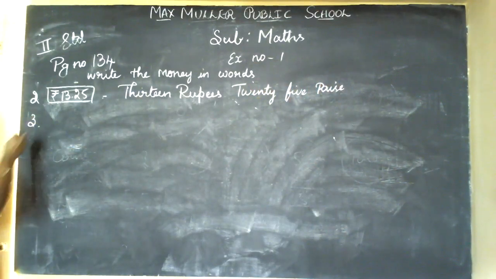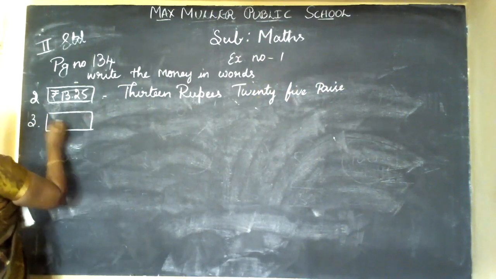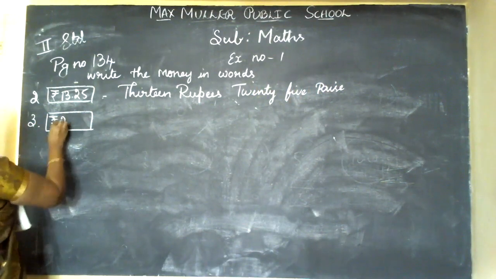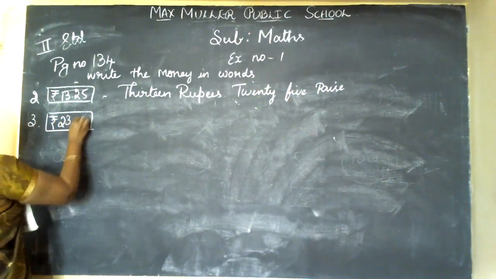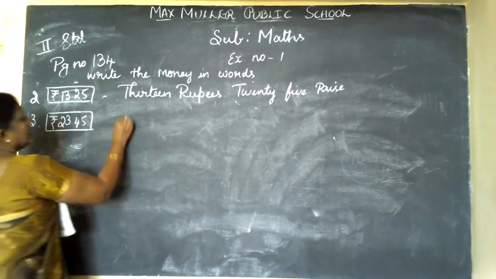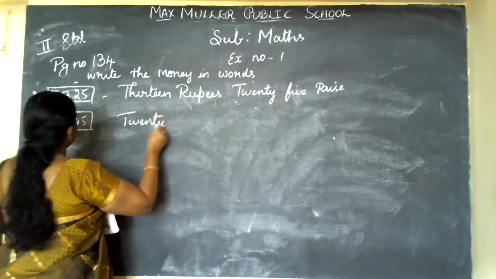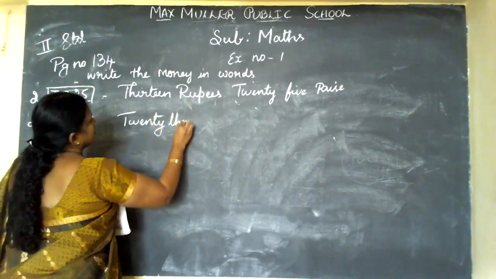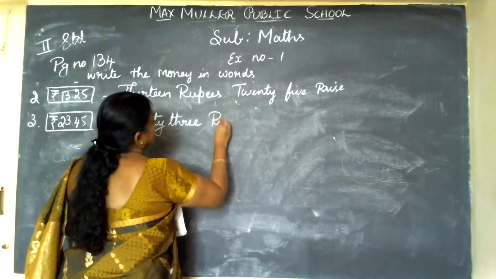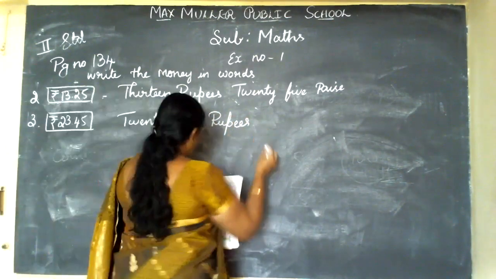Now third one, 23 rupees 45 paisa. Now see here, 23 rupees, 20, without spelling mistake you want to write 23 rupees and 45 paisa.